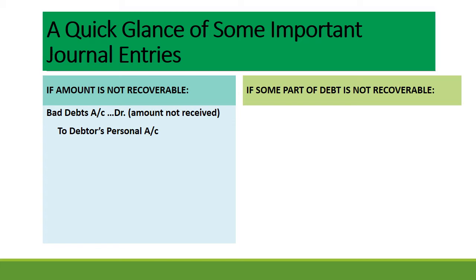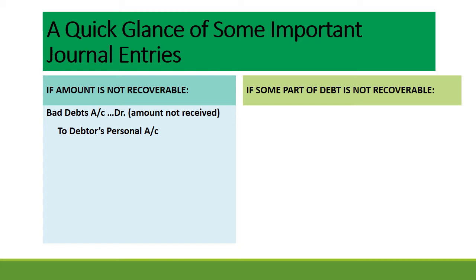Now, if some of the portion due from debtor is irrecoverable or non-recoverable, it means सारा पैसा नहीं डूब रहा, कुछ portion डूब रहा है. That thing happens when in a question it is given to us that we can recover 70 paisa in a rupee, 60 paisa in a rupee. In such situation, some portion due from debtor is irrecoverable.